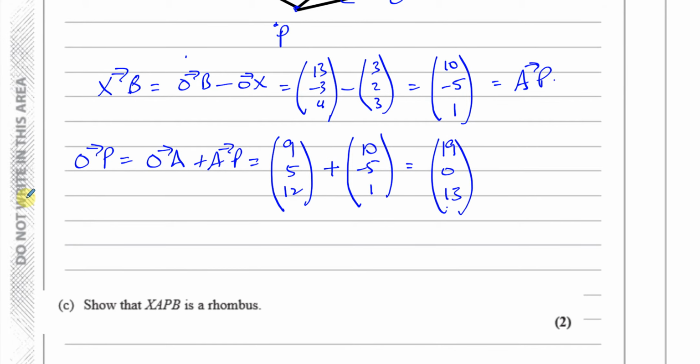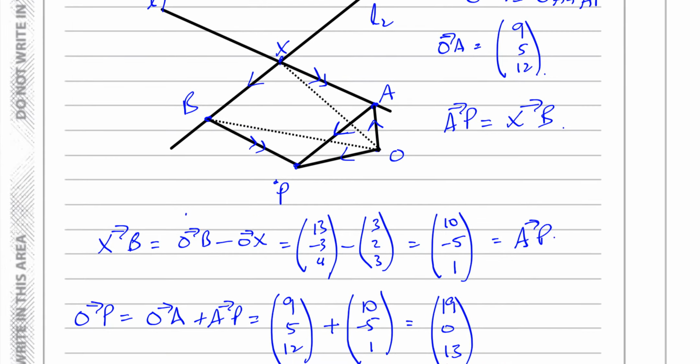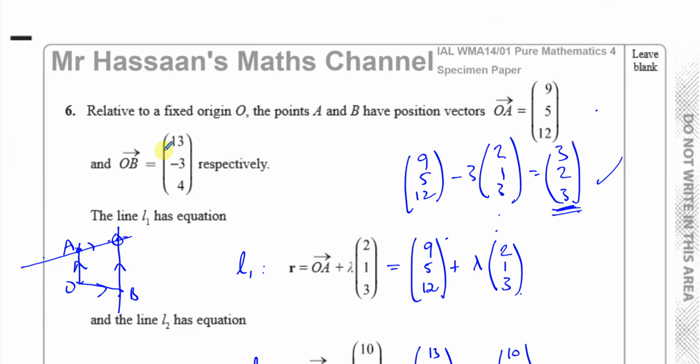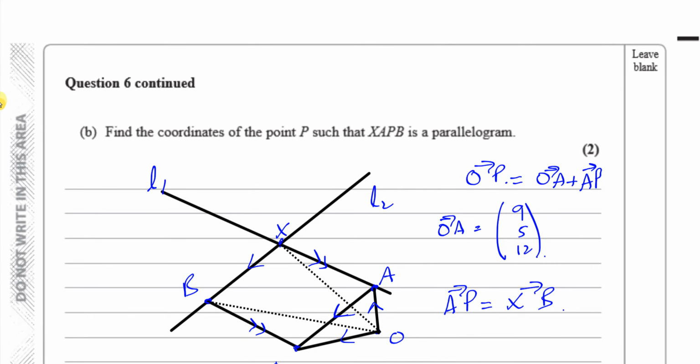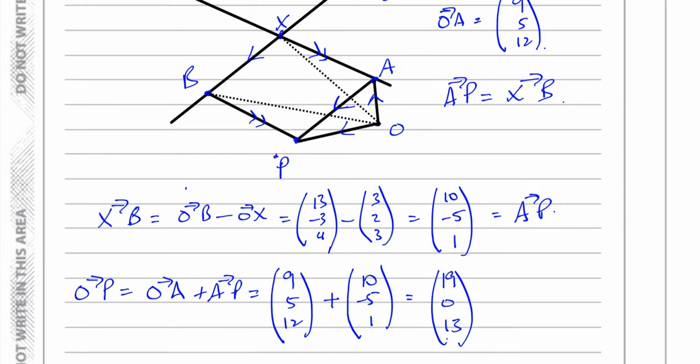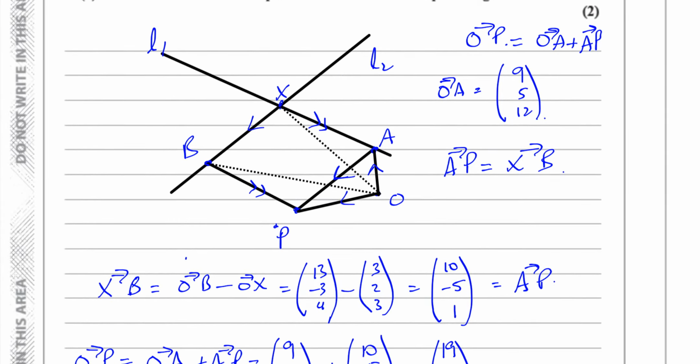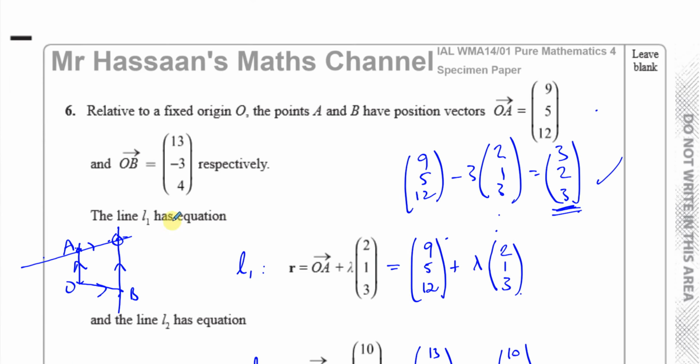Let's just make sure of that. That's O to A, 9, 5, 12. That's right. And here we have O to B, which is 13, minus 3, 4.